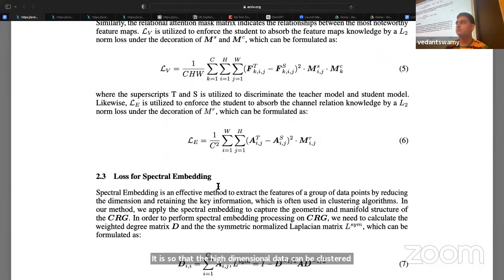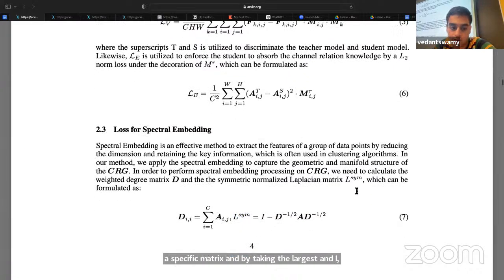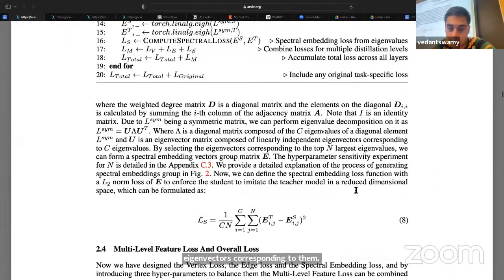As I said, we first represent the data as a graph, and then we just take the top n eigenvectors of a specific matrix. By taking the largest n eigenvalues and getting the eigenvectors corresponding to them, we would be able to encode information about the graph.